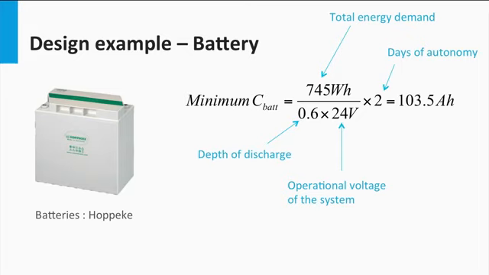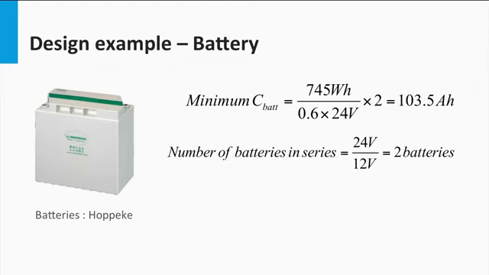Also, note that the lower the battery depth of discharge, the higher the battery bank capacity requirement. On the other hand, the higher the battery depth of discharge, the battery can be discharged more and therefore lower the battery bank capacity needed. So this gives us a minimum battery capacity of 103.5 amp hours.